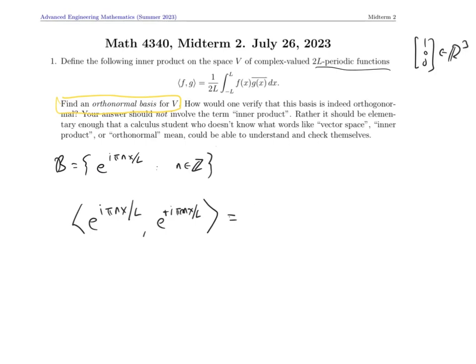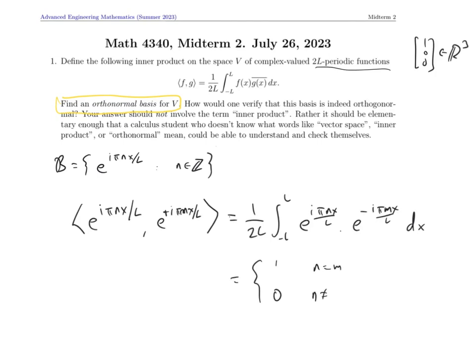But in other words, 1 over 2L, integral from negative L to L, they know what this means. e to the i pi nx over L times e to the negative, so the complex conjugate, negative i pi mx over L dx, that this thing here is 1 if n and m are the same, and 0 if n and m are different.